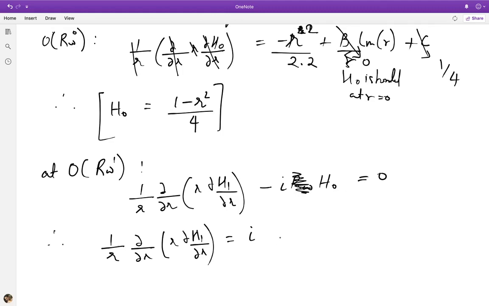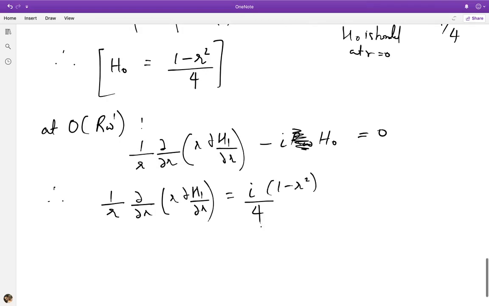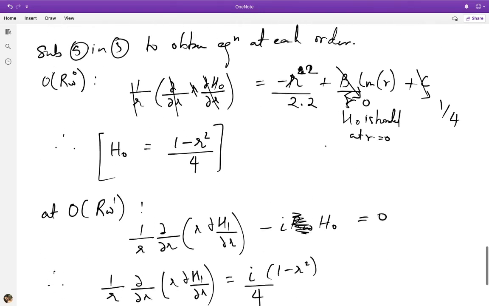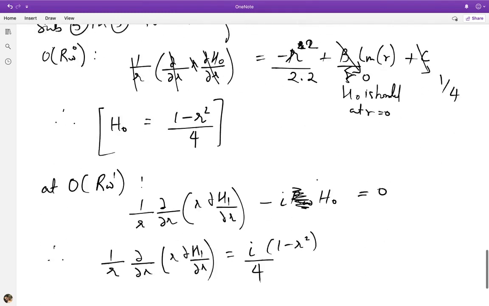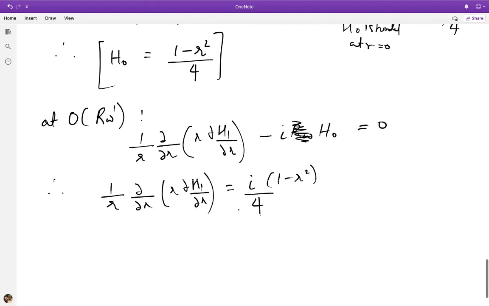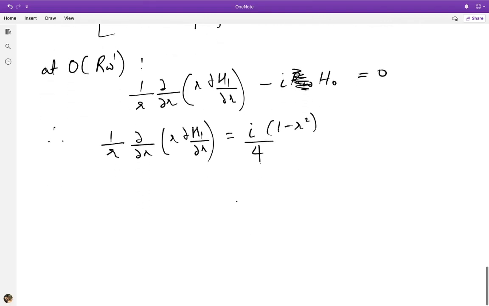So it's minus I times h naught. So it goes to the other side and I get 1 minus r square by 4. Now again, you see the form of the equation here is identical to the form I had at 0th order. Only that the forcing term, instead of being minus 1, is now I h naught. So I can again solve this problem by direct integration.